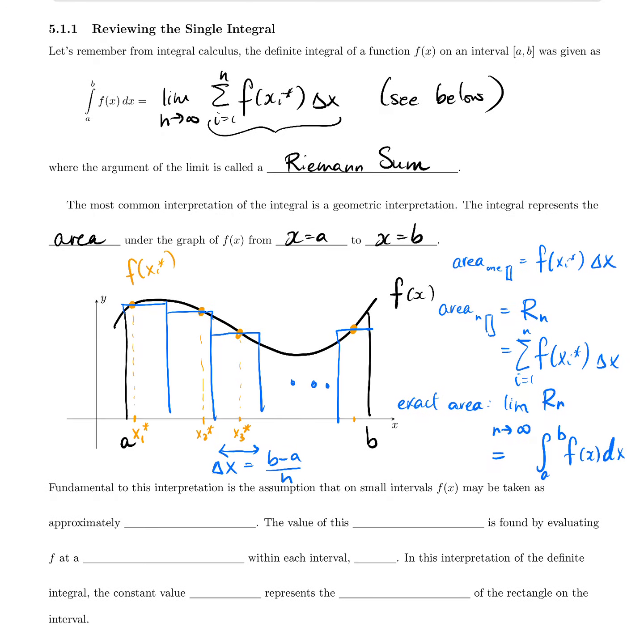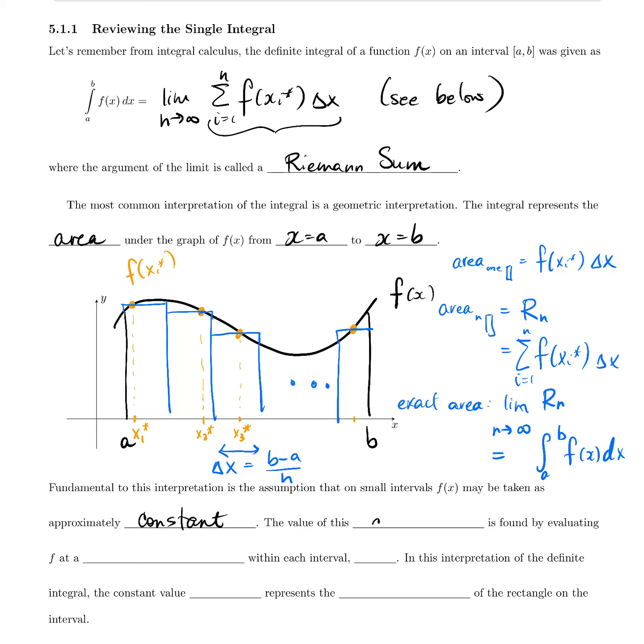So fundamental to this interpretation is the assumption here that on small subintervals, f of x may be taken as, well, what's a flat line? Approximately constant.